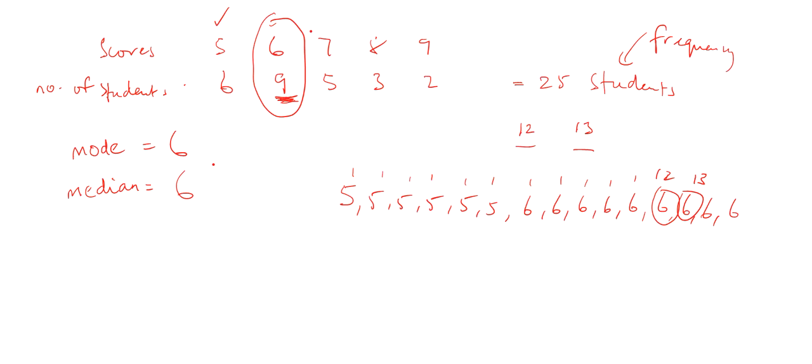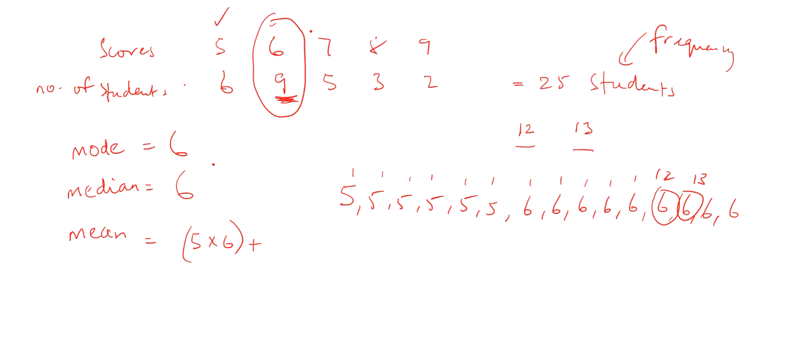Now, if we are asked to find the mean, so when we have to find the mean, right? So on a slightly different note, we're going to find the average. What you have to do is to take the score. So you're going to say 5 by 6, every score, and multiply by the frequency.